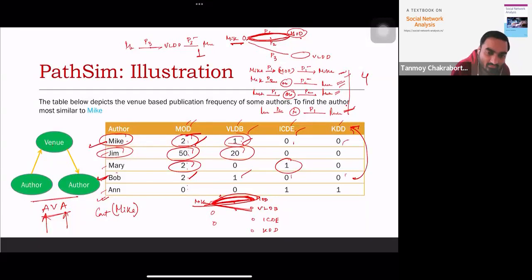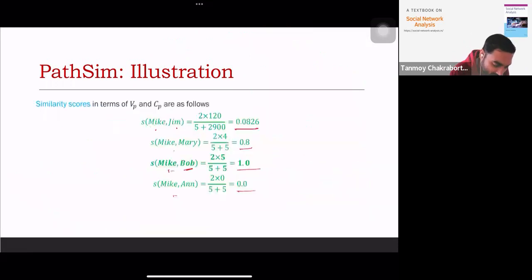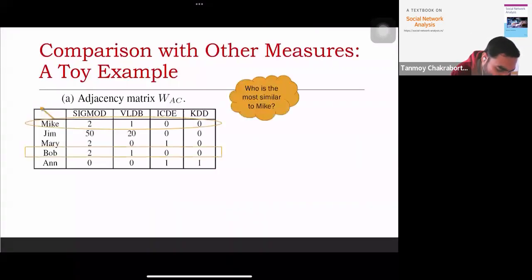But if you use, say, other similarity measures, you will see that Jim will be said as more similar to Mike, not Bob. Why? Because of the sheer number. So 50 means it has 50 edges, very high degree, right? So PathSim normalizes. Now look at this example.